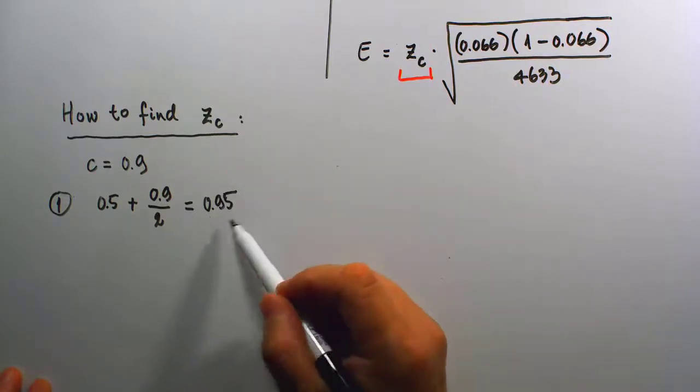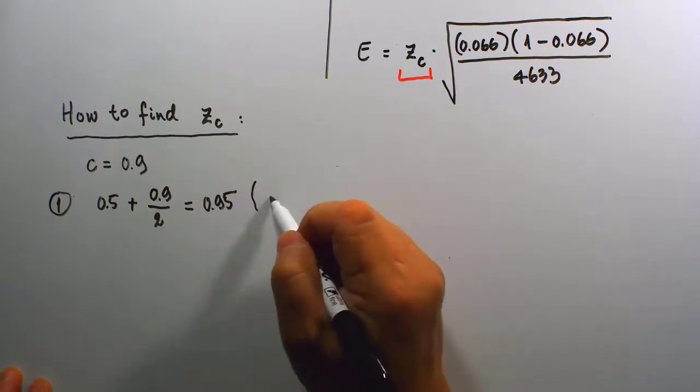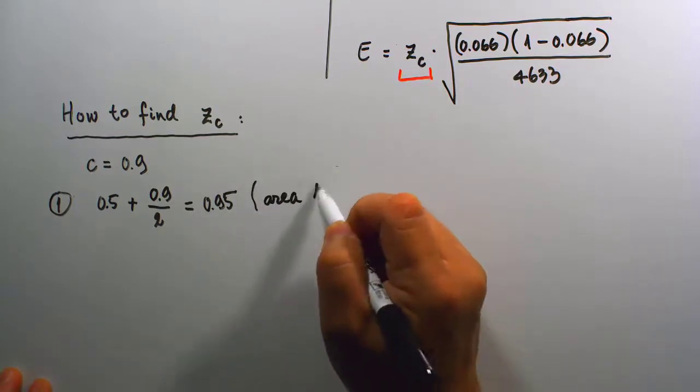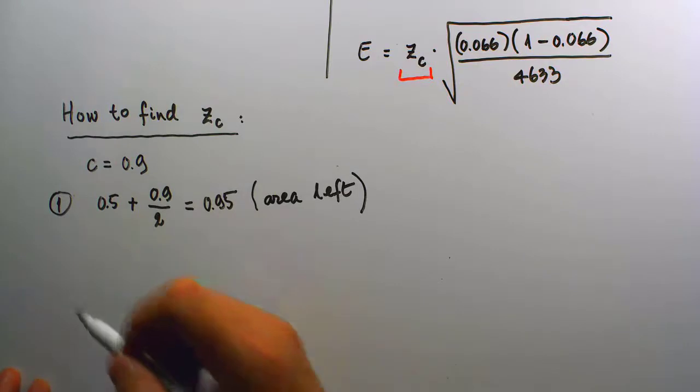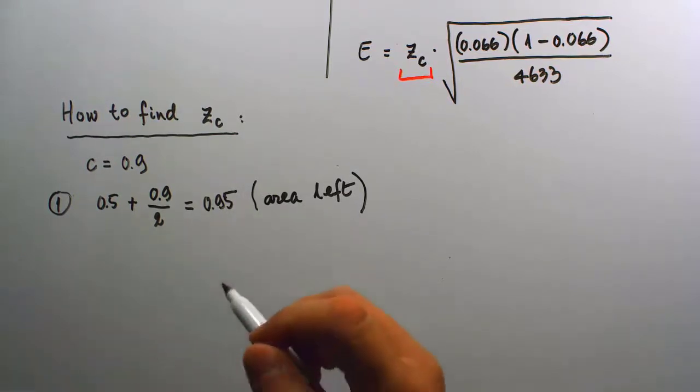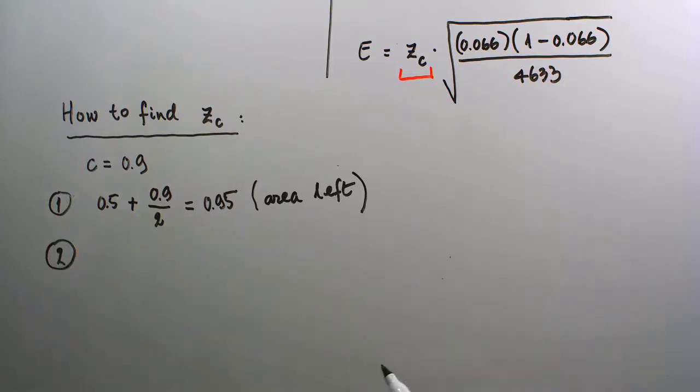And so this 0.95 right here is being referred to as the area left, or some left area. And then our next step, I am to find z sub c.